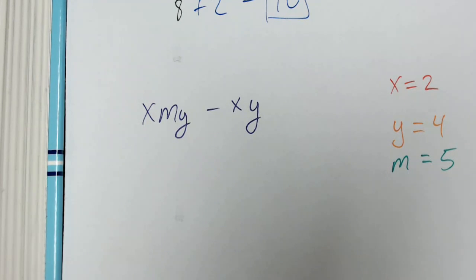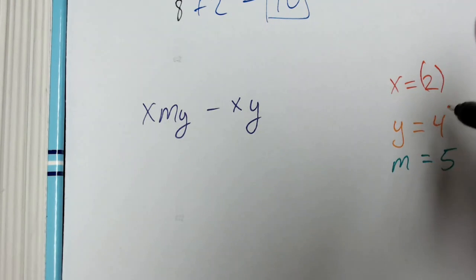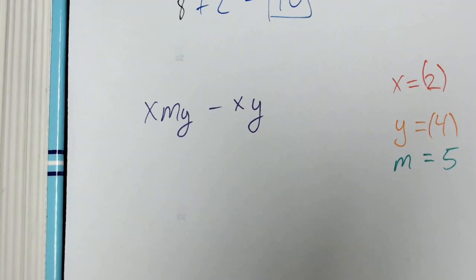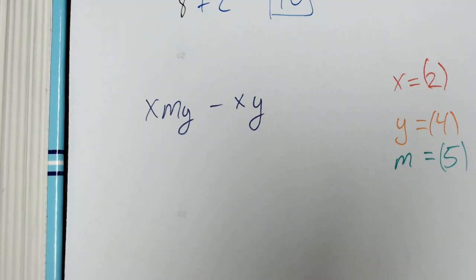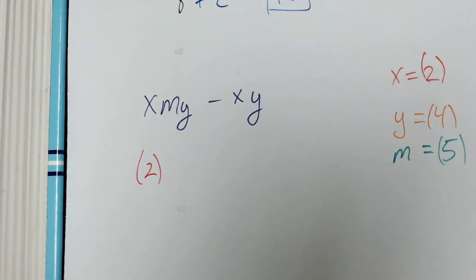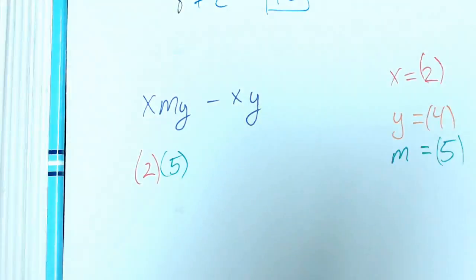This next one has 3 letters. So we have x in red, y in orange, and then m in green. So instead of writing x, I'm going to put parentheses 2. Instead of writing m, I'm going to put parentheses 5.